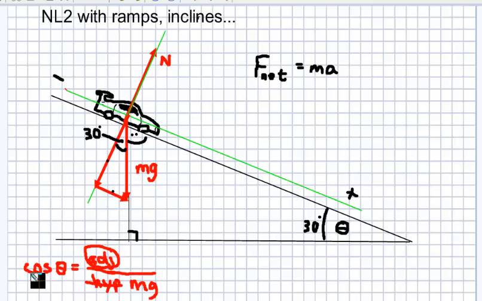And if I solve for the adjacent side, multiplying both sides by mg, the adjacent side is equal to mg, the hypotenuse, times the cosine of the angle of the ramp.